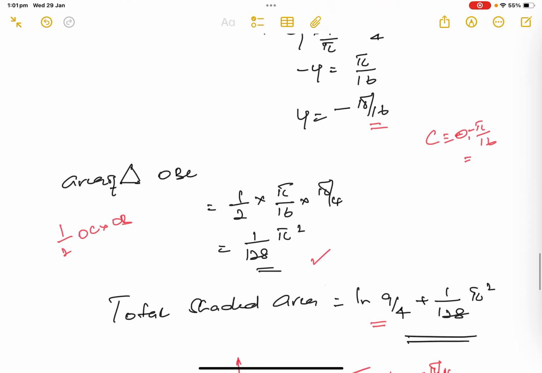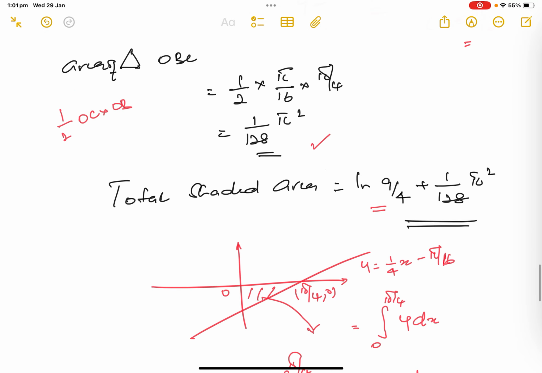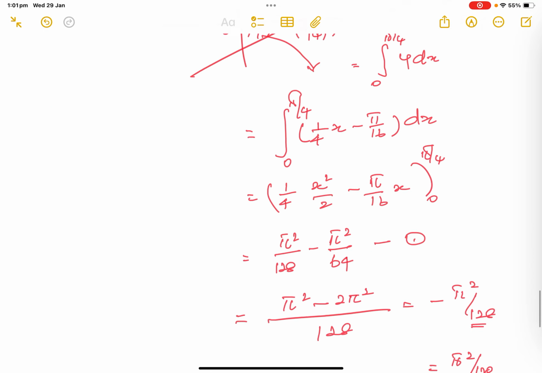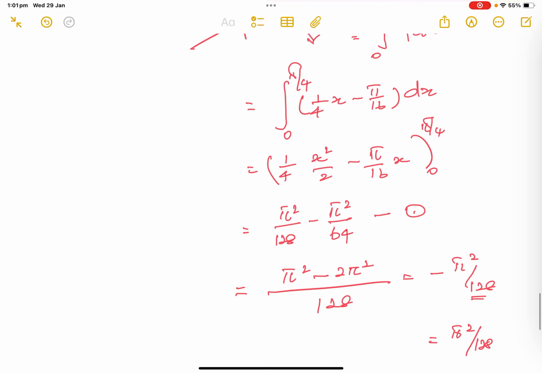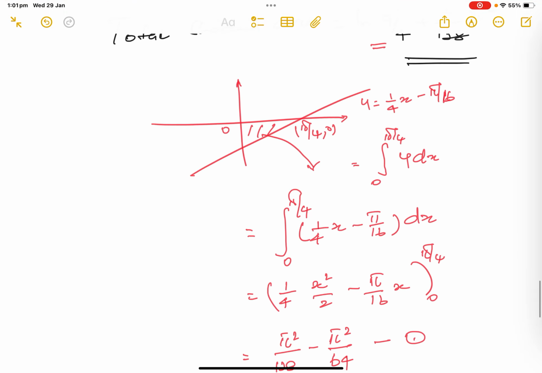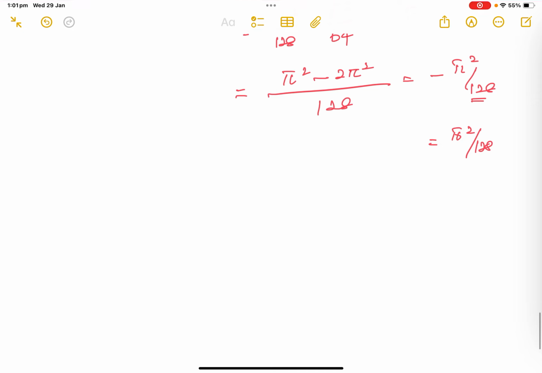That is what we found here by doing the area of a triangle. So those of you who would like to continue with the integration, of course you can do it. All you have to do is negate the final answer. You can't take it as an area. Area cannot be negative, so it has to be positive.